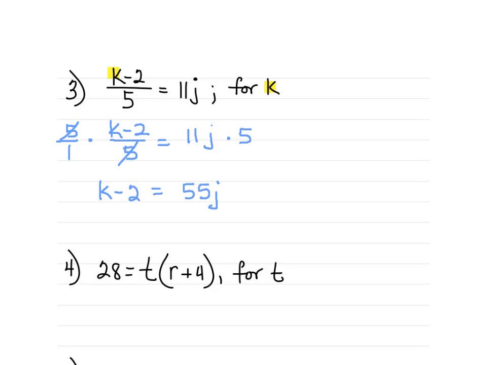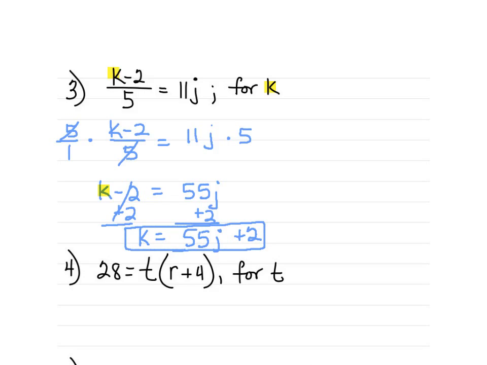All right, so just remind yourself we're isolating K here. So let's add 2. Whatever I do on one side, I do on the other. And so K equals 55J plus 2. And again, the reason I have to write it as an expression is because 55J is a variable term, 2 is a constant term, and you cannot combine those.